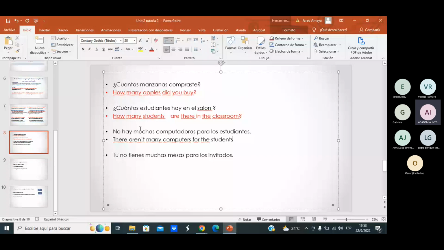Let me check if it's correct. There aren't many computers for the students. Yeah, that's correct. Very good. Thank you. And if you pay attention to this sentence, this is negative, right? This is negative, and I'm using many because computers are countable.